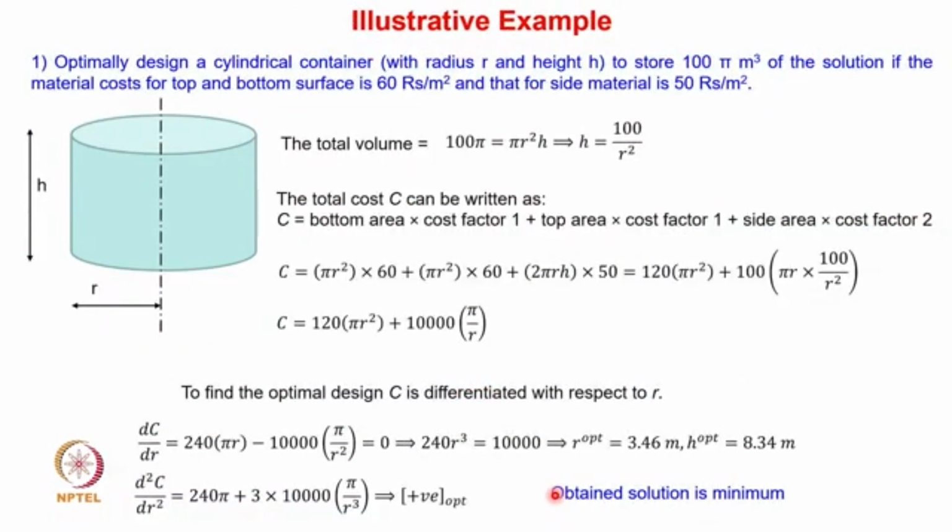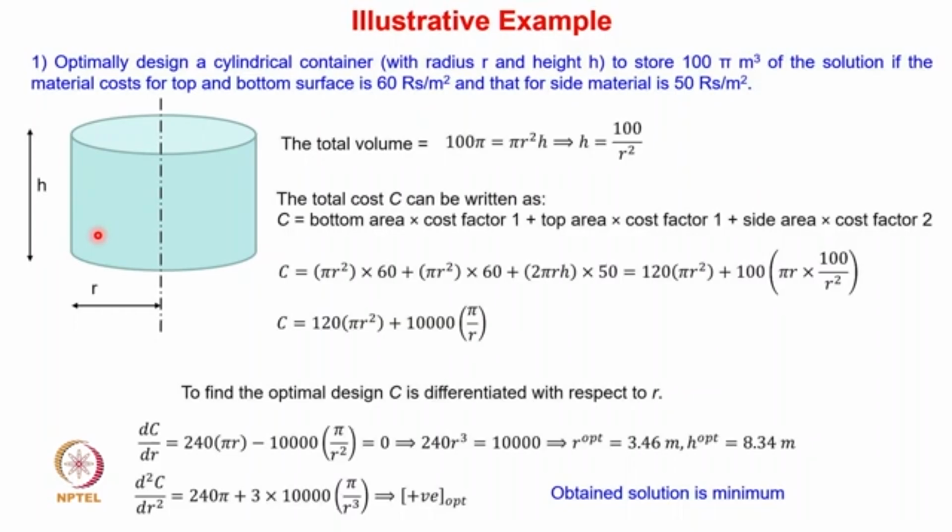We wanted to minimize the total surface area. What will be the total surface area? The two circular ends give 2 pi r square, and the other area is 2 pi r h, which is nothing but the lateral surface area. This total surface area I want to minimize, because the amount of sheet metal required is related to the area.